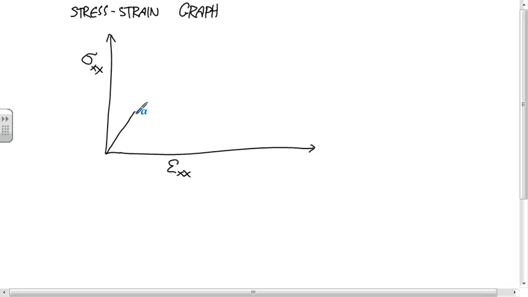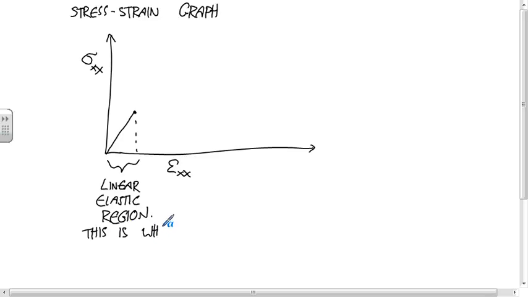It's going to get to this point, and this is the linear elastic range, the linear elastic region. This is where this class applies.